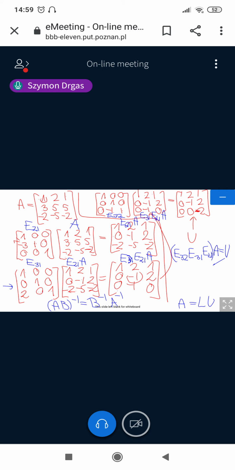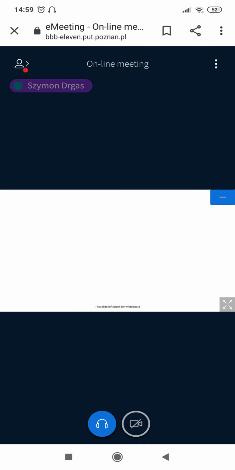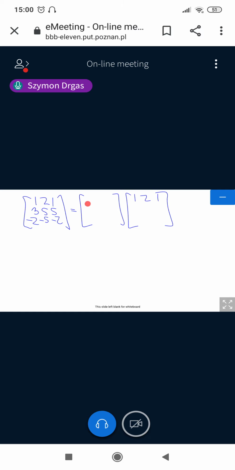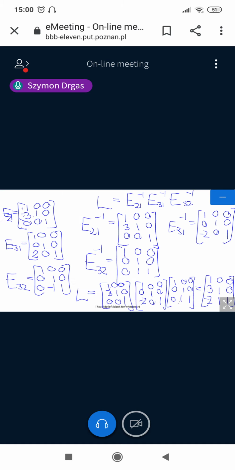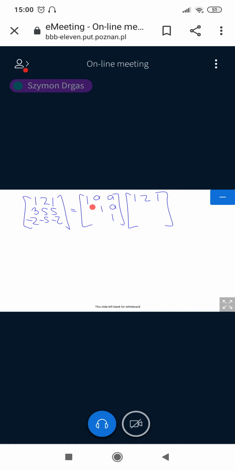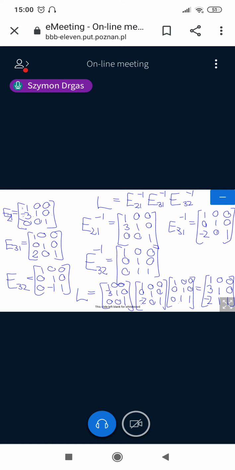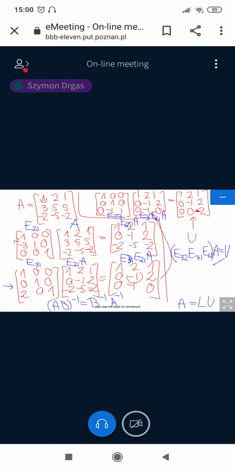Matrix A is 1 2 1, 3 8 1, 0 4 1, and this is L times U. We know that the L matrix is like this, with 3, -2, and 1, and the upper triangular matrix has the following numbers.